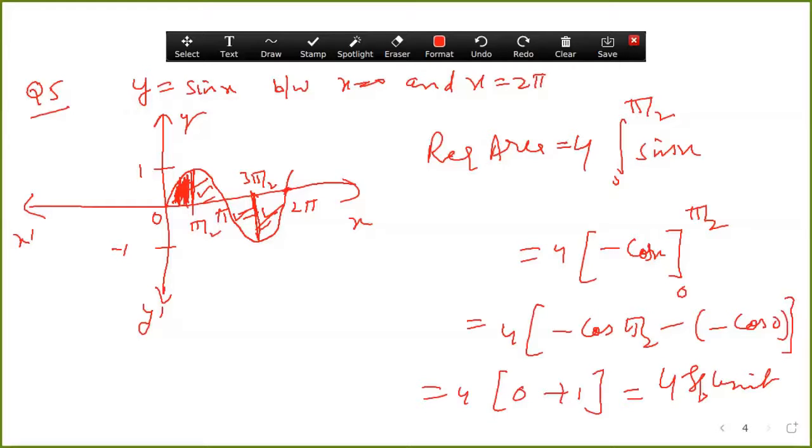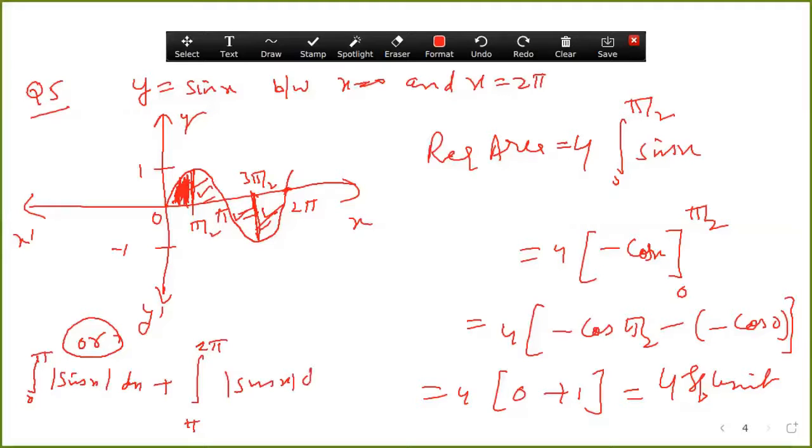You can do this question by taking 0 to pi by 2 and twice the integration. If you take 0 to pi, then twice the integration, you will get the answer. Or you can integrate from 0 to pi mod of sine x dx, plus from pi to 2 pi mod of sine x dx.